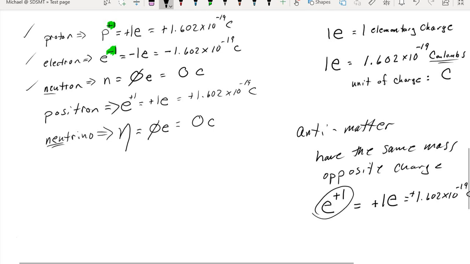And there are different types of neutrinos that have different mass values. But those neutrinos, as they travel through space, and these are phenomena that we're still studying and trying to figure out, can actually oscillate from one type of neutrino to another.